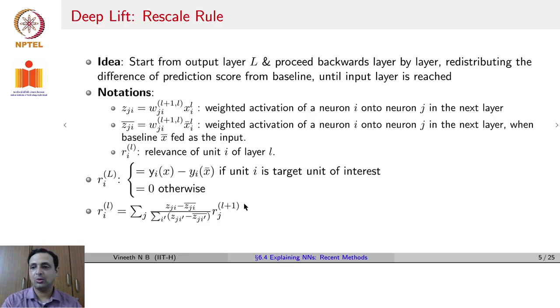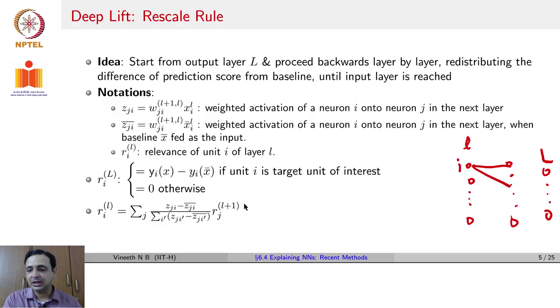Let's try to draw that out to make it a little clearer. So you have a particular layer with a few different neurons. You have a particular next layer with a few different neurons. We already know how to compute the relevances in the last layer. We are now taking one specific neuron I in the lth layer. Let's call this the layer L. So we take all the j's that are in the L plus 1th layer. And we see in the L plus 1th layer, let's consider one particular j, its relevance would have already been computed.